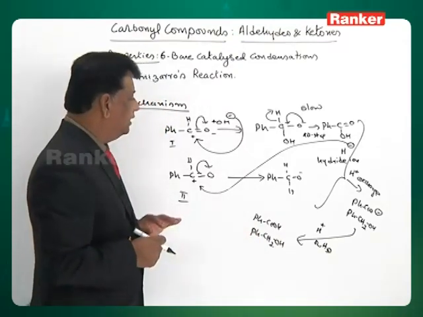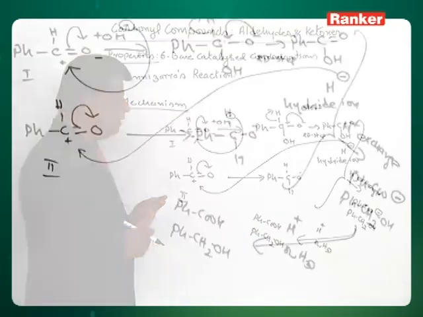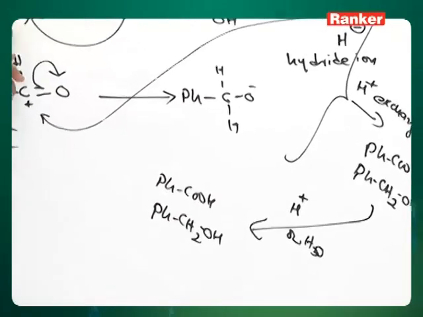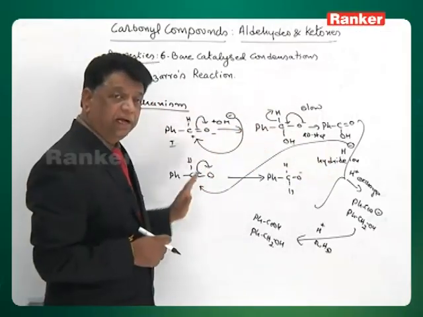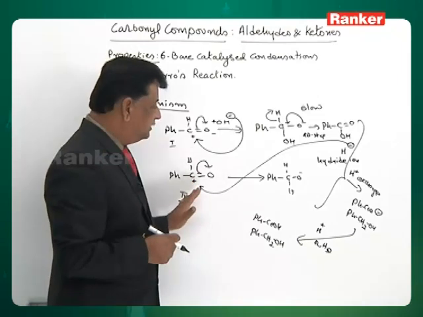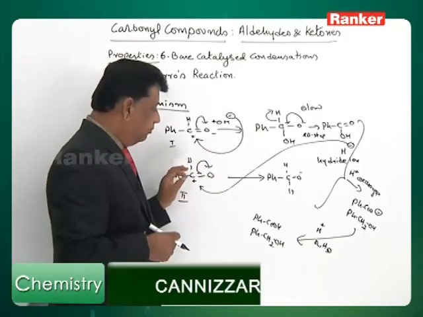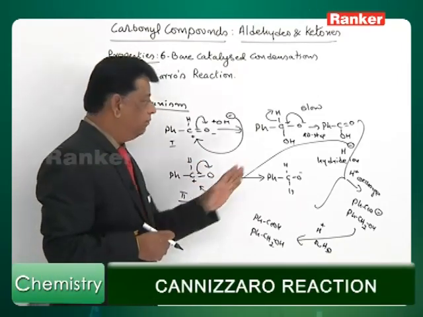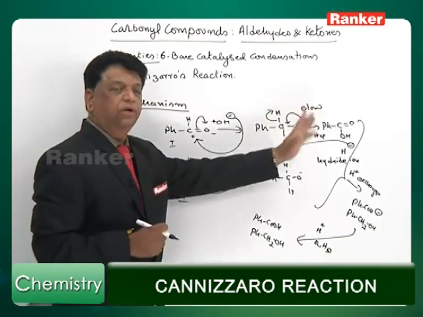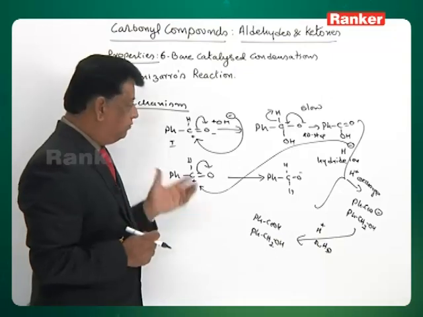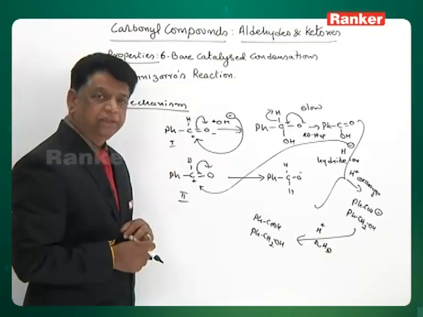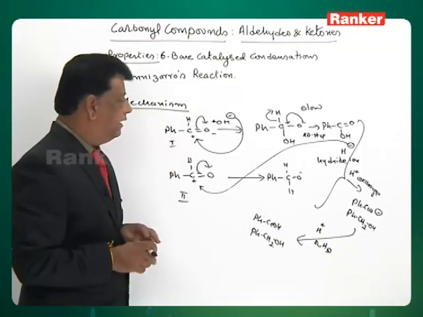So, this is the mechanism, a small mechanism, but you must remember that OH minus attacks, and when instead of OH minus coming out, H minus comes out and attacks another molecule, that is the crucial point, in which reduction and oxidation occur. Removal of H minus is oxidation, and that H minus adding to the other compound is reduction. Therefore, one compound undergoes oxidation, the other undergoes reduction.